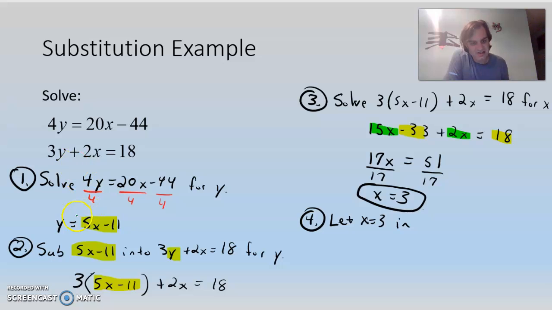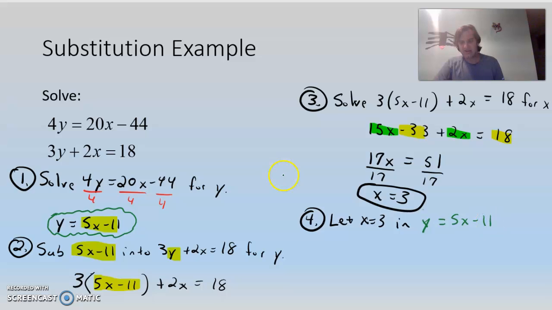We could take the other one. But down here in step 1, we got y by itself and just x on the other side. So if I take that and I plug my 3 into the 5x minus 11, I'll already have y by itself, and I won't have to do algebra.